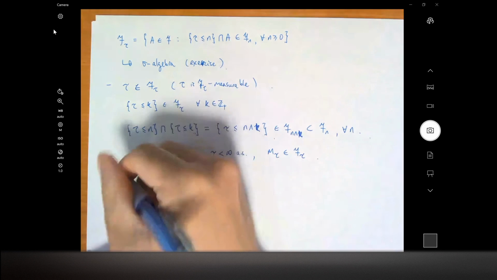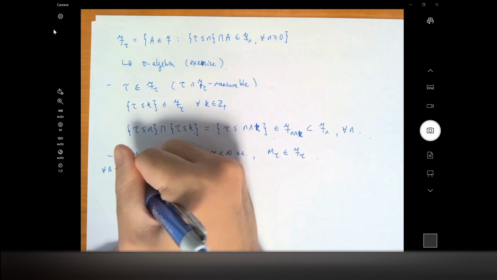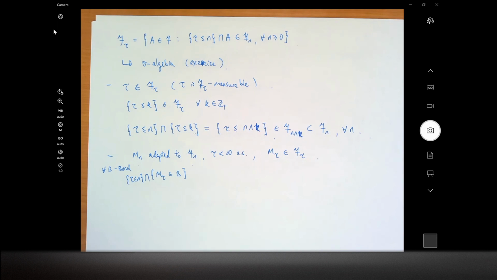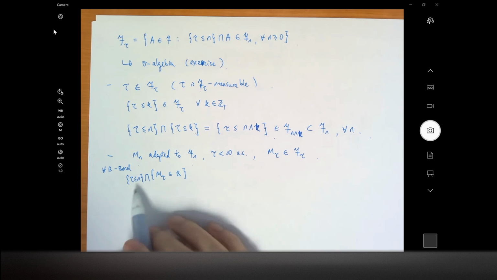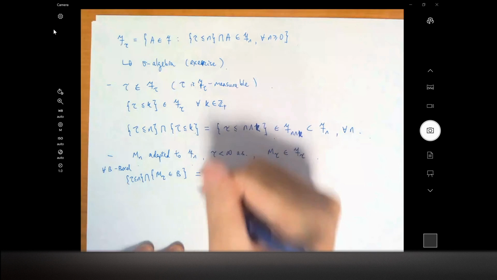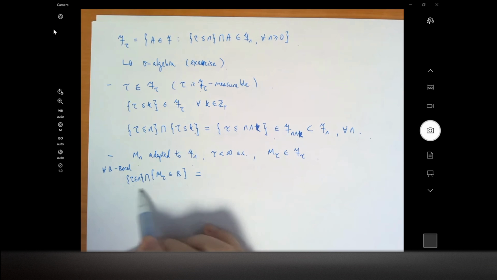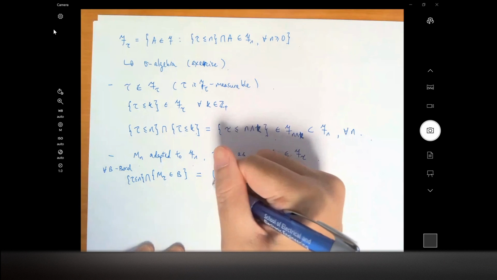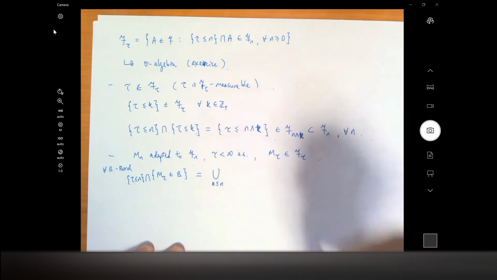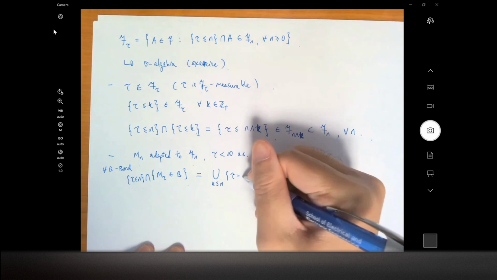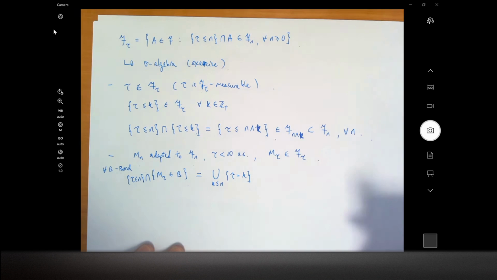According to this definition, I want to show that tau smaller or equal to n intersected with this event has to be inside F_n. So I can expand tau smaller or equal to n as a union of k smaller or equal to n, tau equals k.